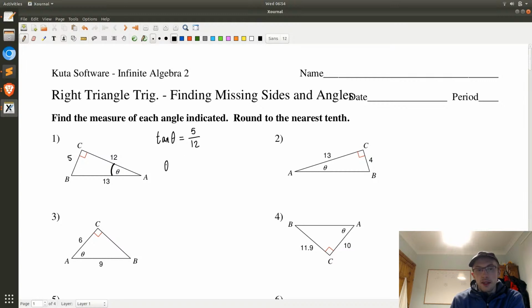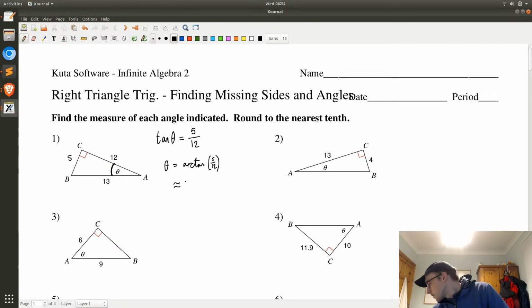Therefore, theta is the arctangent of 5 over 12, which to the nearest 10th we find on our calculator. So we press shift, then tan, and that gives us arctangent, which they denote as tan with a little tiny -1, which has absolutely nothing to do with being raised to the power of -1.